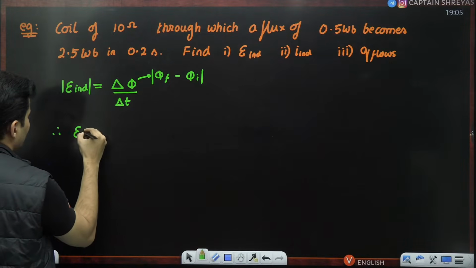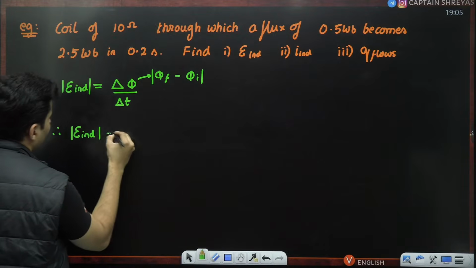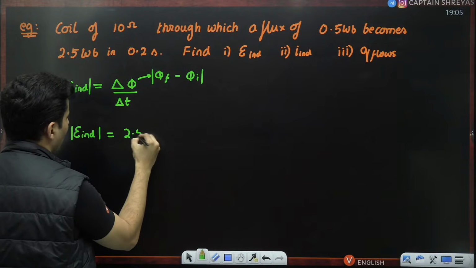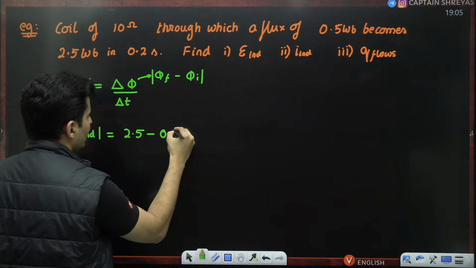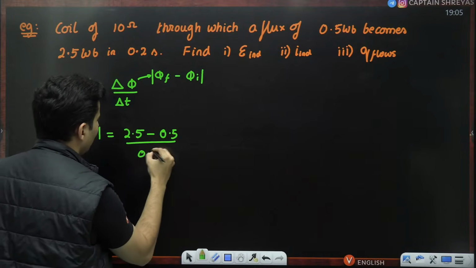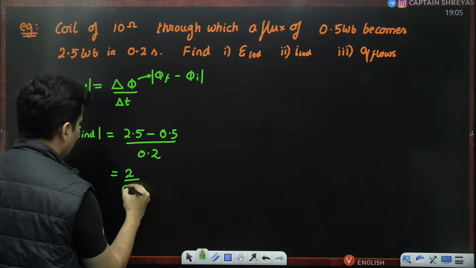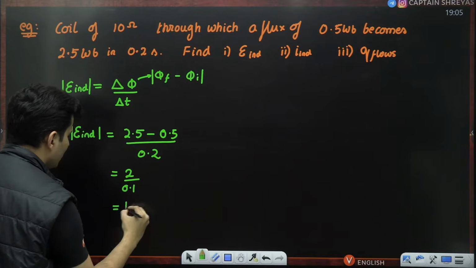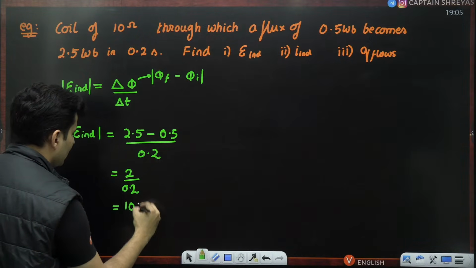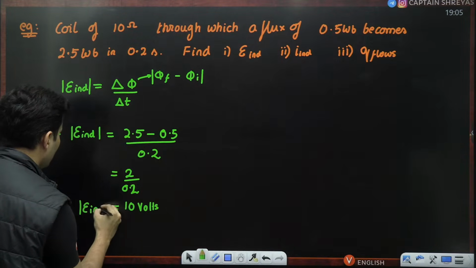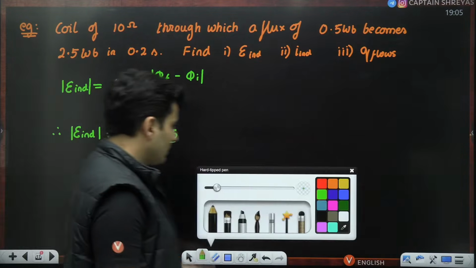Final was 2.5 Weber, initial was 0.5 Weber, time taken was 0.2 seconds. 2.5 minus 0.5 is 2, divided by 0.2. So it is just going to be 10 volts. So the magnitude of the induced EMF is 10 volts.